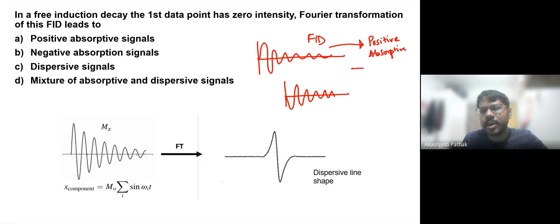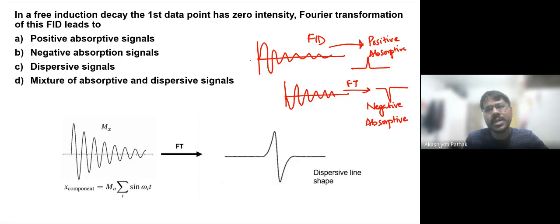And if you do a Fourier transform of this FID, you get a negative absorptive signal. But in both the cases, they are absorptive signals. So if your first data point is zero, then it will always be an absorptive signal.